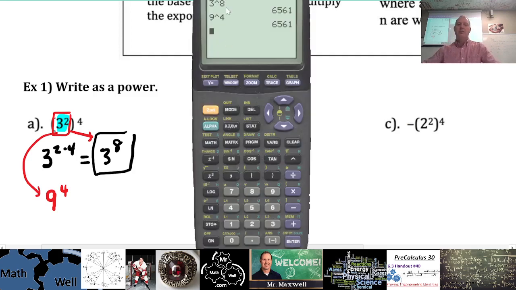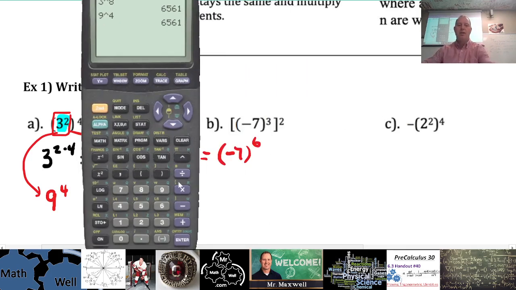Now, just one more time, just so you believe me, and so we can confirm this. Watch this. Bracket -7 to the power of 3 is -343. And then I'm going to square that. I actually have a squared button here. That answer is 117,649. Big number.